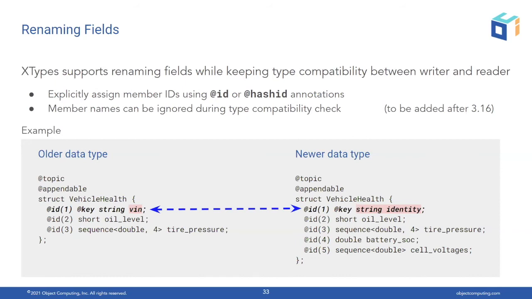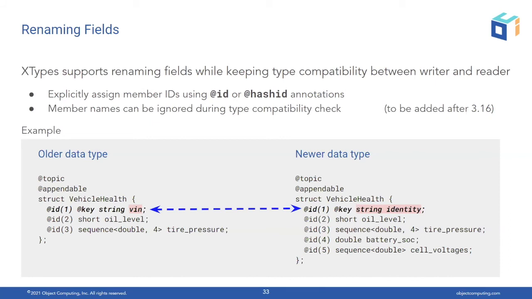By default, DDS Xtype doesn't support compatibility when we change the name of a member. But in OpenDDS Xtype, we support this feature by doing two things. The first thing is we need to explicitly assign the member ID of the member that we want to change its name, using ID or hash ID annotations.